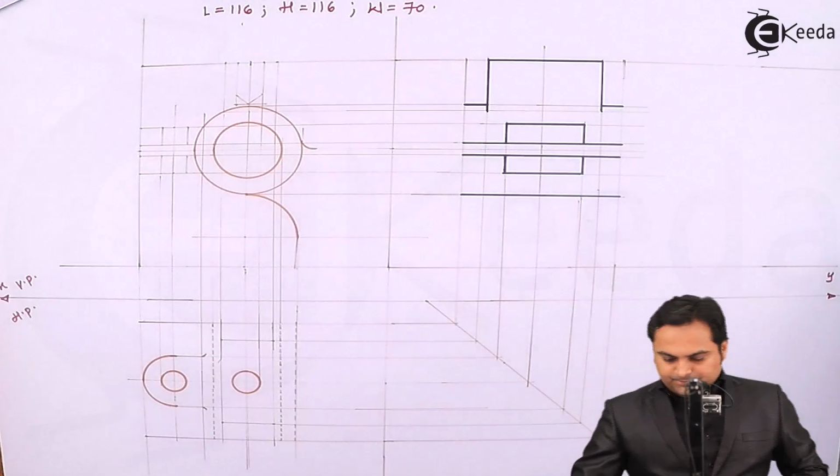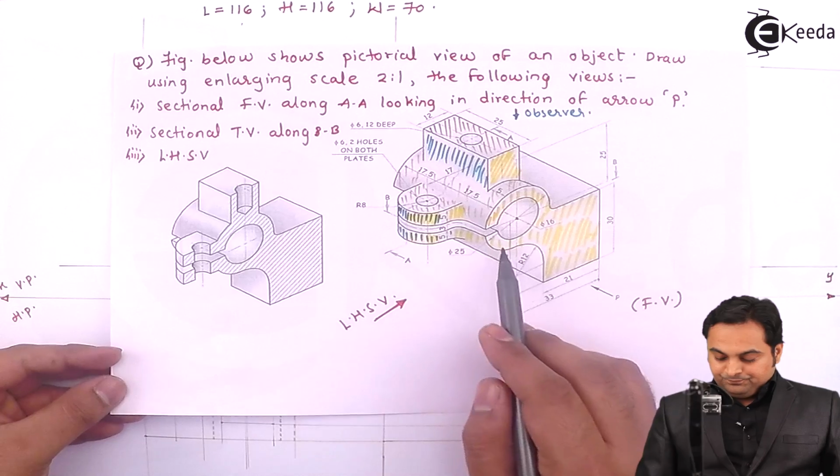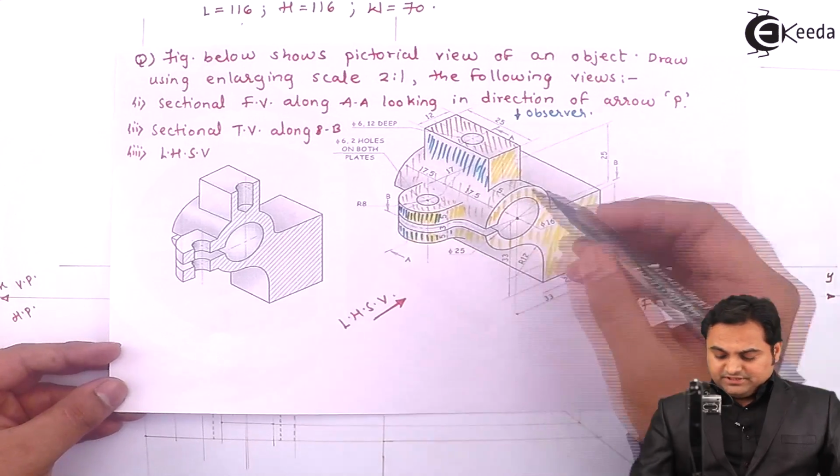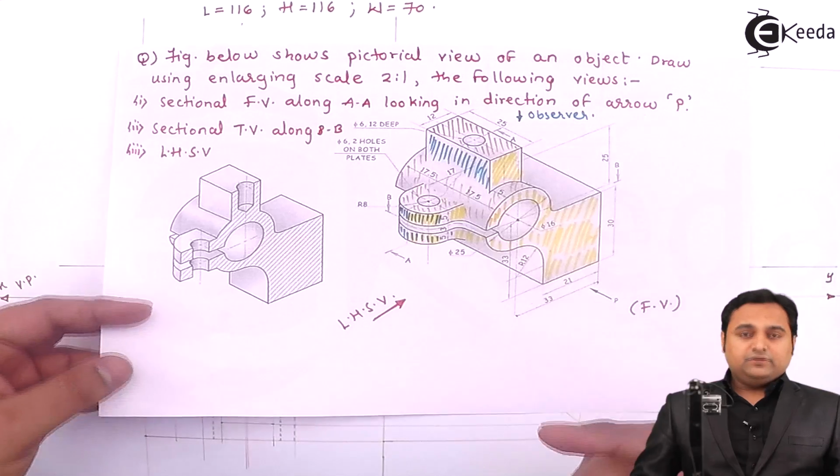So here there is a gap throughout, if we see into the diagram, so that gap will be seen, and whatever is there at the top and at the bottom, that is the part of the cylinder.